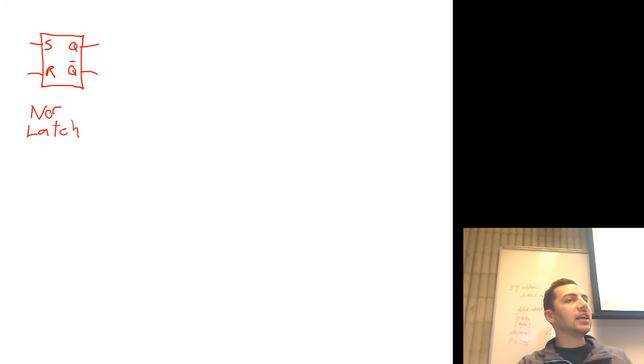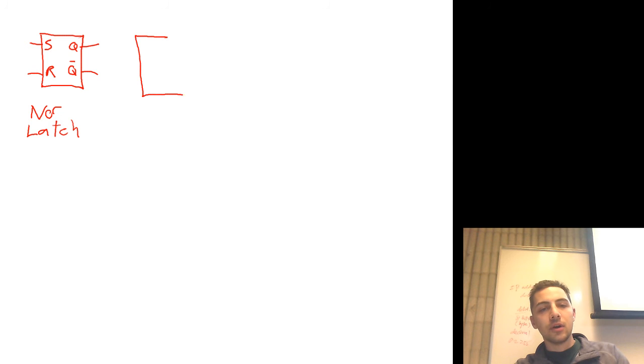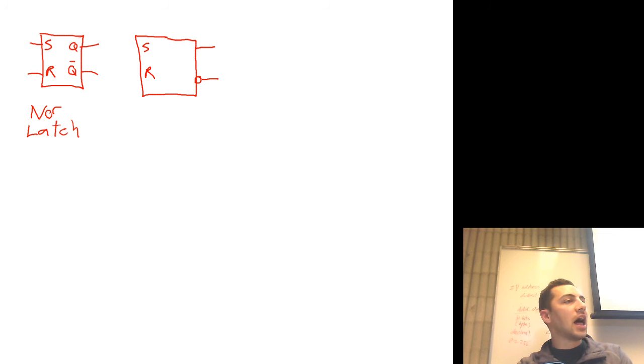We actually get even more terse than that. Because latches are basic building blocks of so many things, we don't even write Q and Q bar anymore. We just use a line and a line with an active low symbol. That's Q and Q bar. This particular one still implies that we're building this with NOR latches.